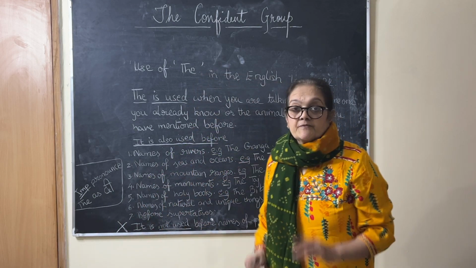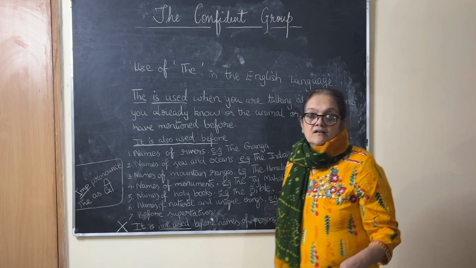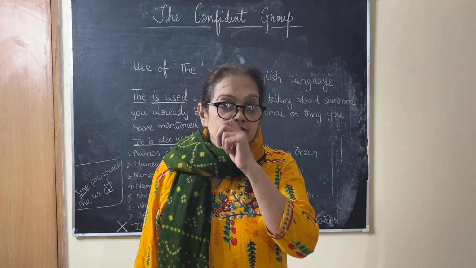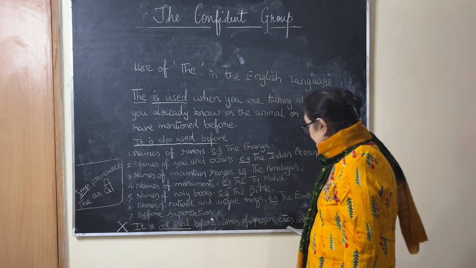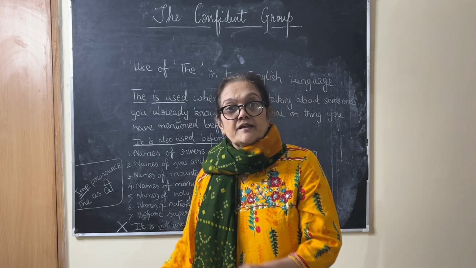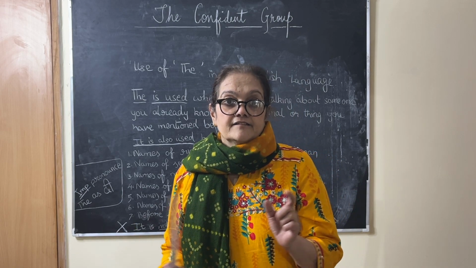You cannot use it before them. And even countries like India, Pakistan, Bangladesh, Nepal, we just use the name, we do not put "the" before that. And cities also, we don't say the Delhi, the Mumbai, we just say Delhi, Mumbai, Kolkata.